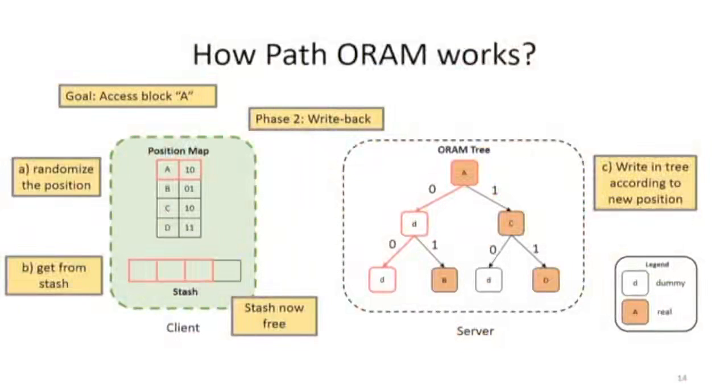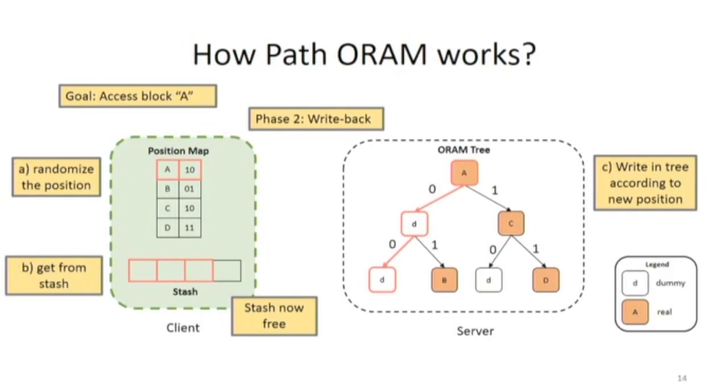Right, but maybe I wasn't very clear: you don't write back one block, you write back the whole path. You write back the root node, then this node, and then this node. Let me show it from here.